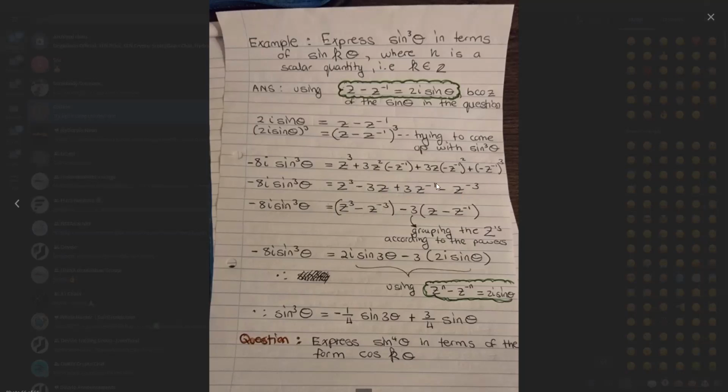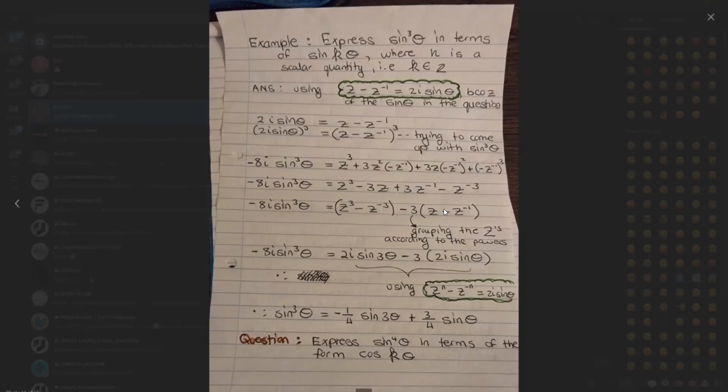This one has positive, this one has negative, but we can group them together. Don't forget the 3's here. When you factor out 3, you remain with this whole thing. And then from the formulas, you know that Z minus Z1, you see here, is equivalent to this one.